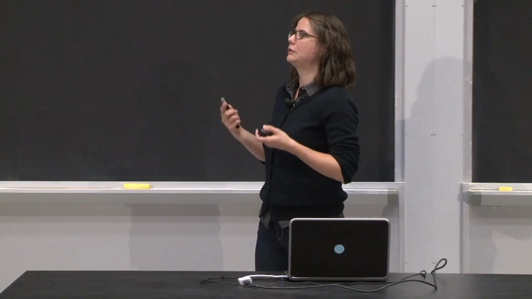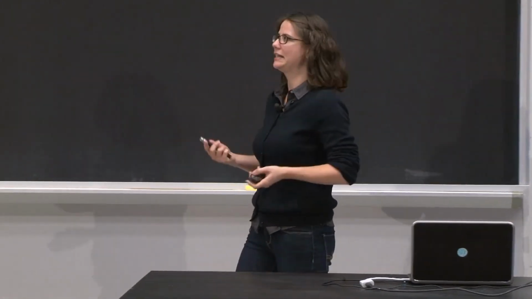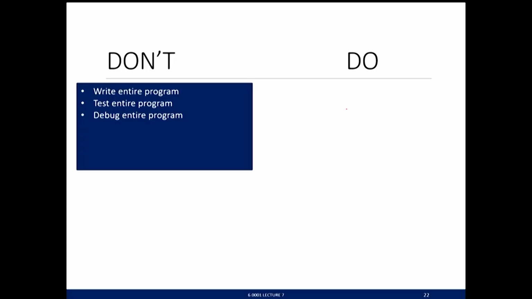Quick summary of do's and don'ts of debugging and testing. So don't write the entire program, test the entire program, and debug the entire program. I know this is really tempting to do, and I do it all the time, but don't do it, okay? Because you're going to introduce a lot of bugs, and it's going to be hard to isolate which bugs are affecting other ones, and it'll lead to a lot more stress than you need.